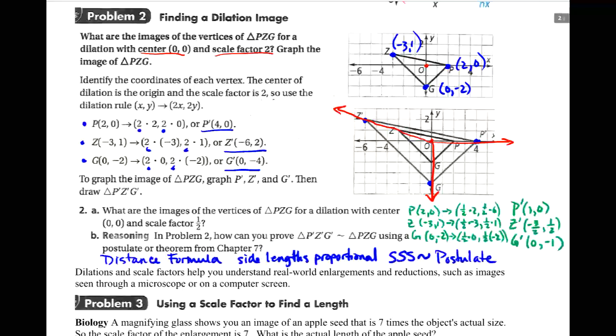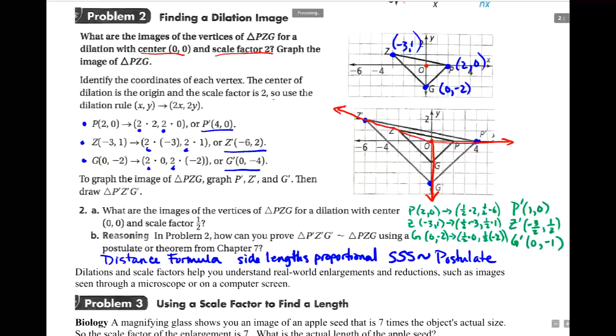All right, number 2 says, what are the images of the vertices of our original triangle with a center at 0, 0 and a scale factor of 1/2? Okay, so we simply take our pre-image points, we multiply our coordinates by 1/2, and we get our image coordinates.